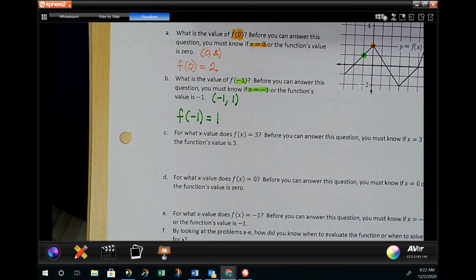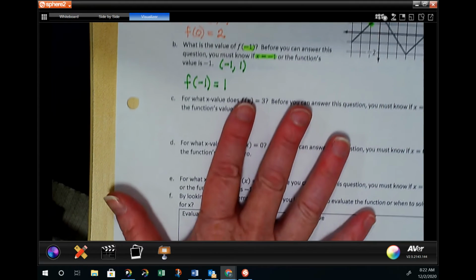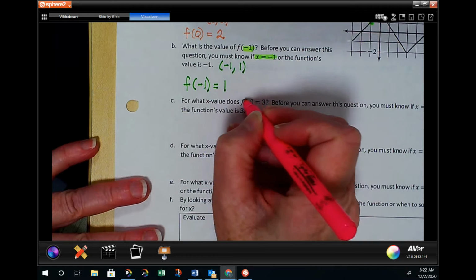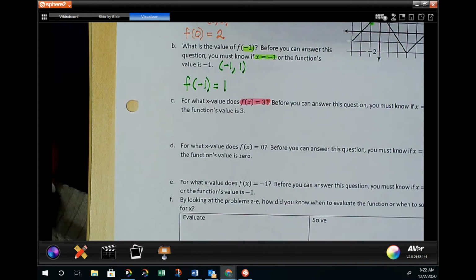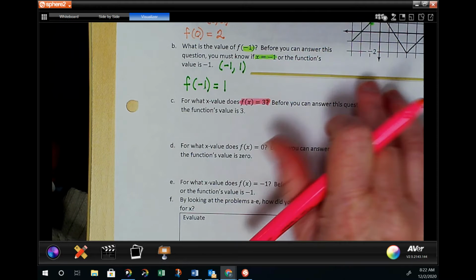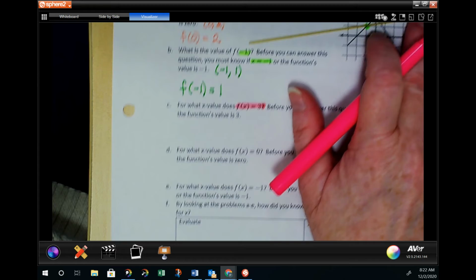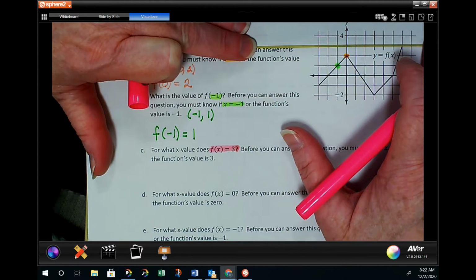Okay, Part C is different. On part C, what's happening is you're finding when that whole thing is 3. So I like to take my little piece of pasta, and you're going to have this when this is 3.